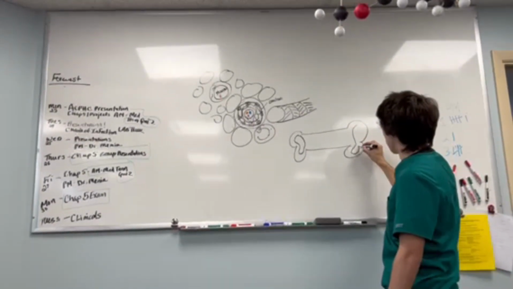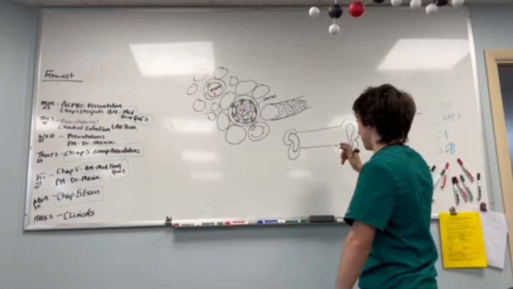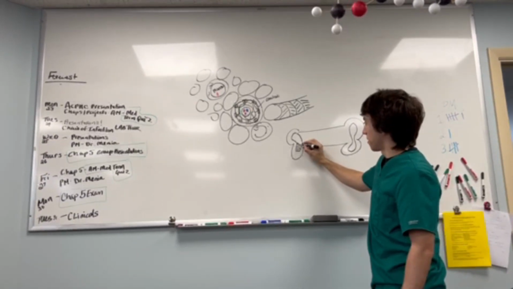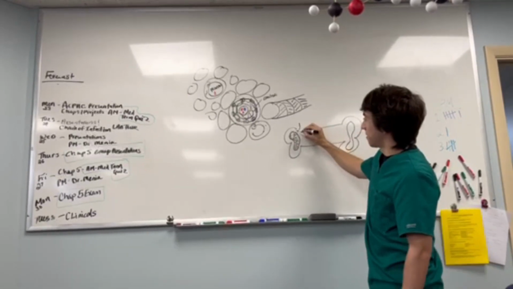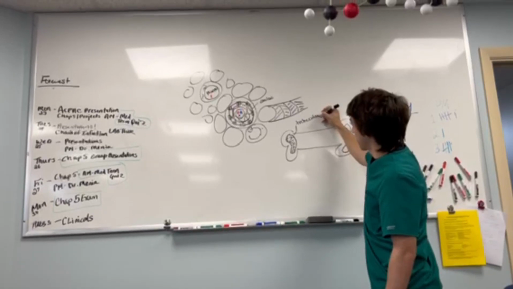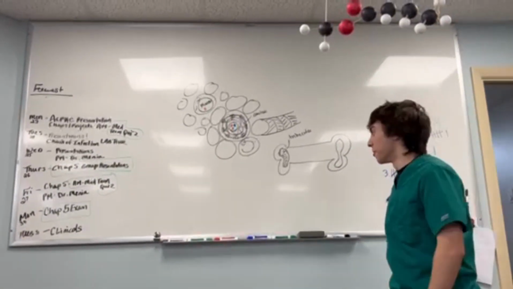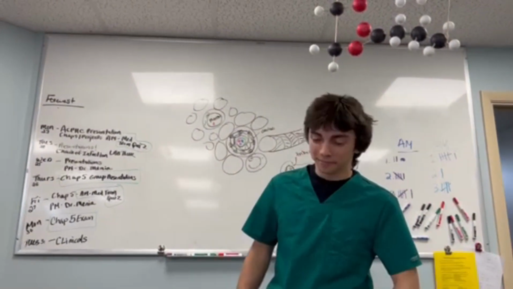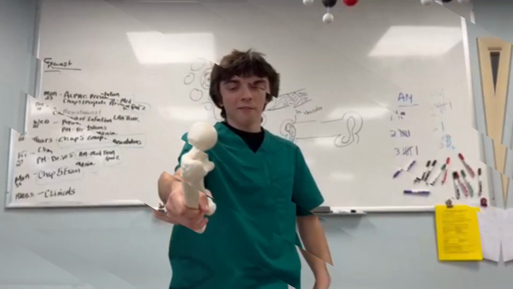Same with this side over here. Compact bone is normally pretty solid. You don't really see any difference. But with spongy bone, you have these little cross sections here, which run through and allow you to have marrow within the bone so you can actually produce blood and not die of blood loss. So there you have it, folks.